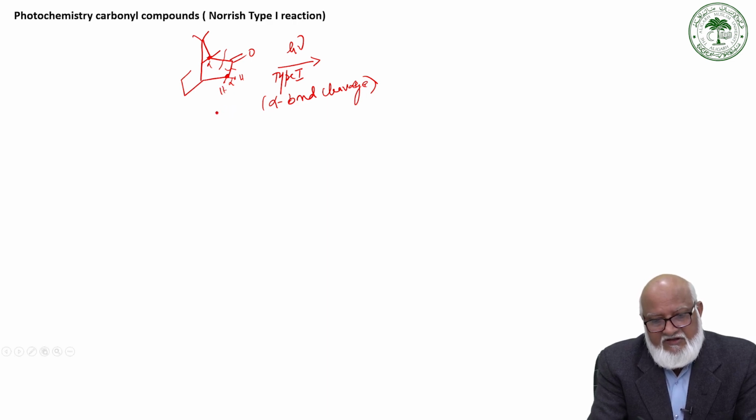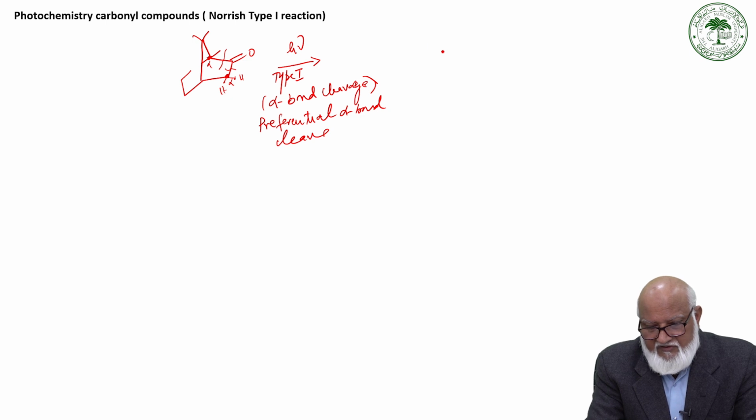So hence it undergoes a preferential alpha bond cleavage to give a more stable carbon centered radical.